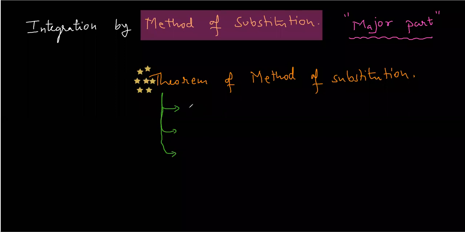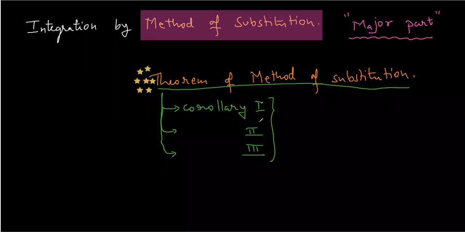Those are known as the corollaries: corollary 1, corollary 2, and corollary 3. These all 3 corollaries are originating from this main theorem.